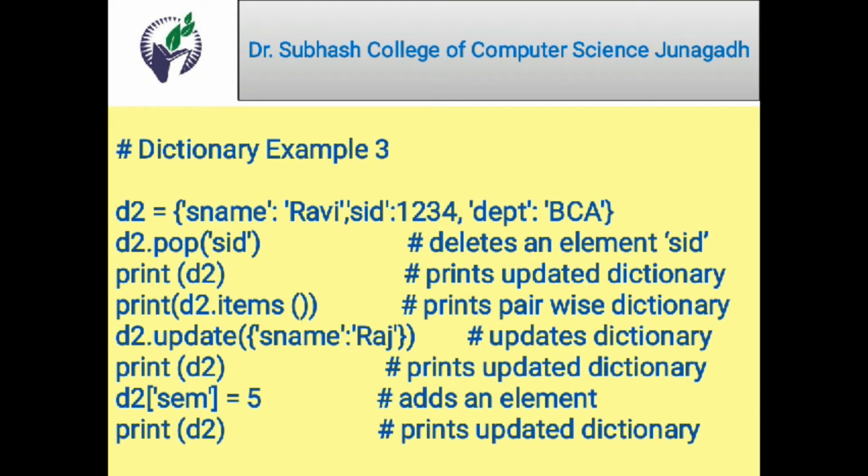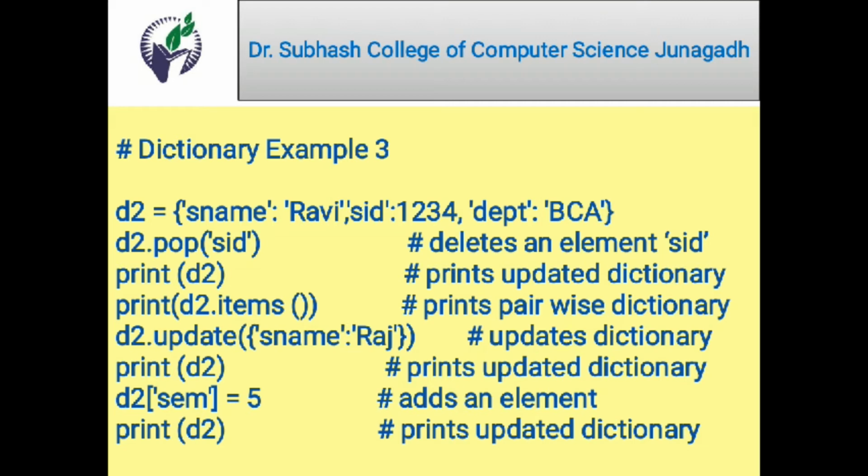D2.pop: D2 is a dictionary object, pop is a function, it will invoke this pop, and we are passing the argument, that is the parameter SID. It will remove SID from our D2 dictionary. Once we print D2, it will print the updated dictionary.